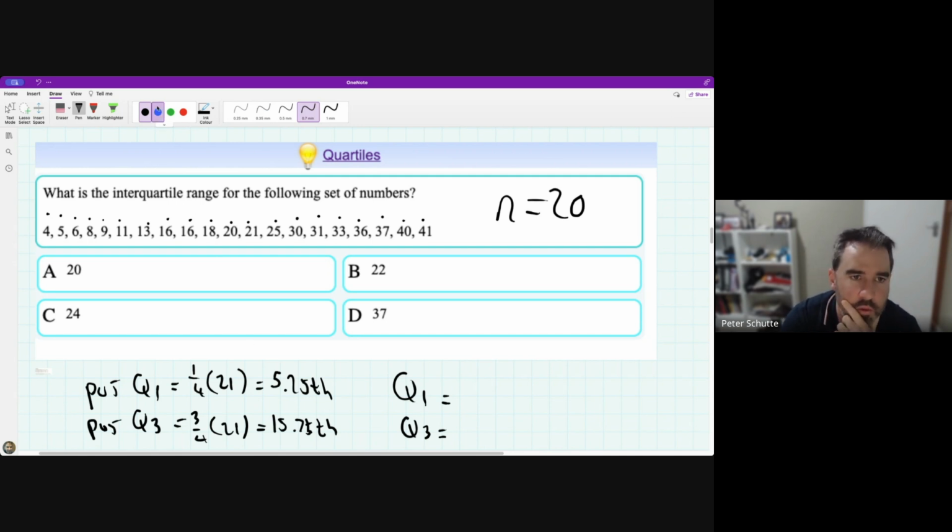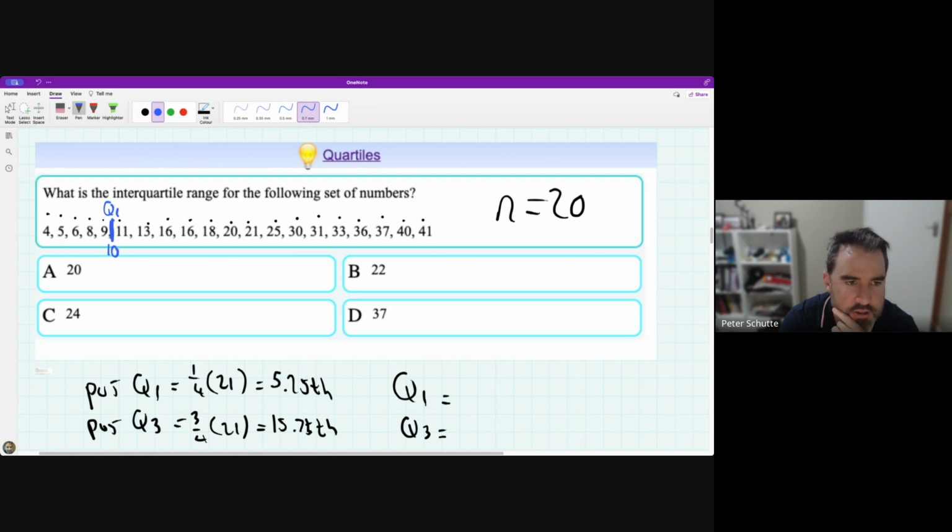So where is 5.25's position? 1, 2, 3, 4, 5. It looks to me like Q1 is sitting there, which seems like it would be a value of 10. And then Q3 is the 15.75.